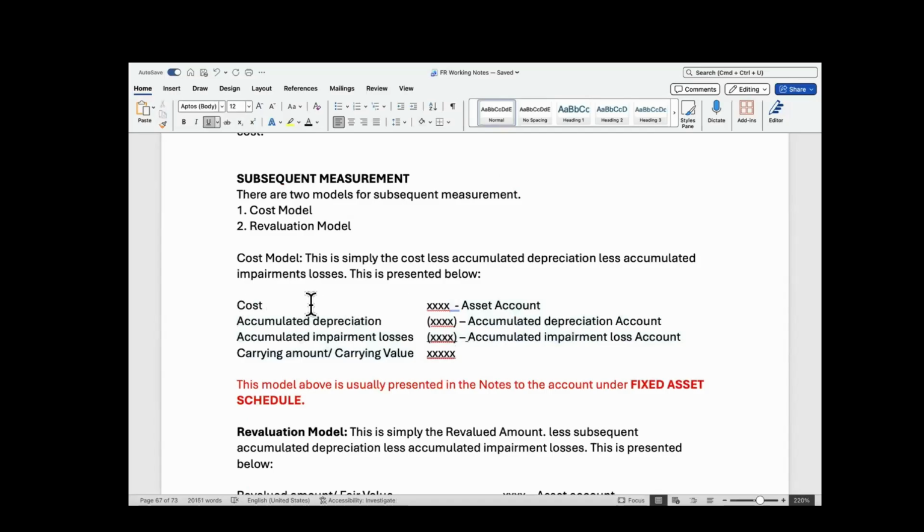I've already explained cost to you, which is the component of costs. All we are doing with this cost is, at the initial measurement stage, debit asset, credit bank. And also at the subsequent costs stage, if there is any subsequent cost that we need to capitalize, they all come to these asset accounts.